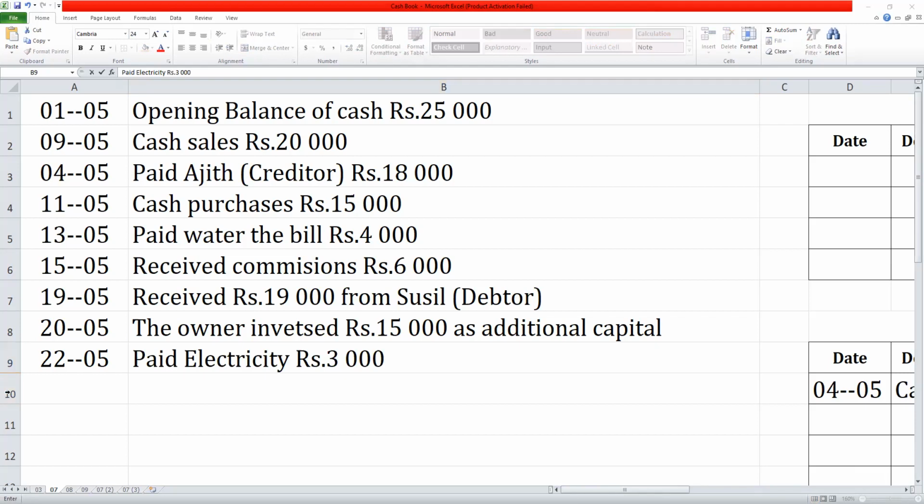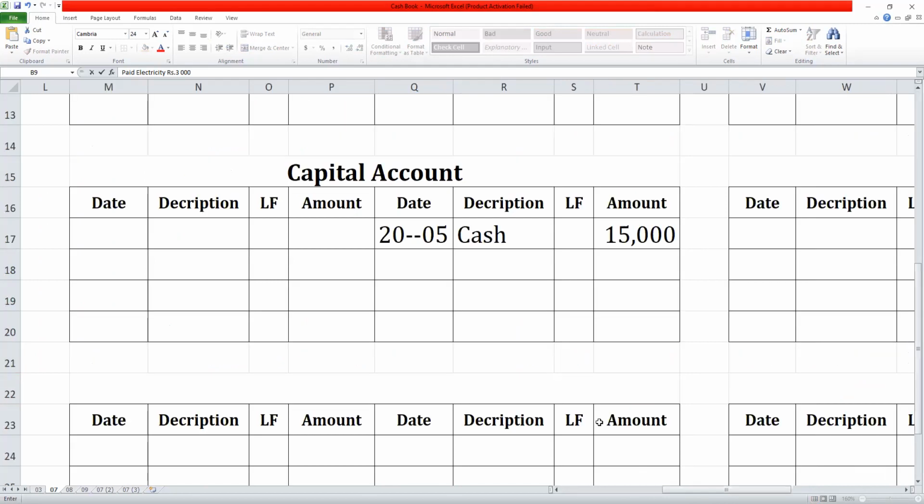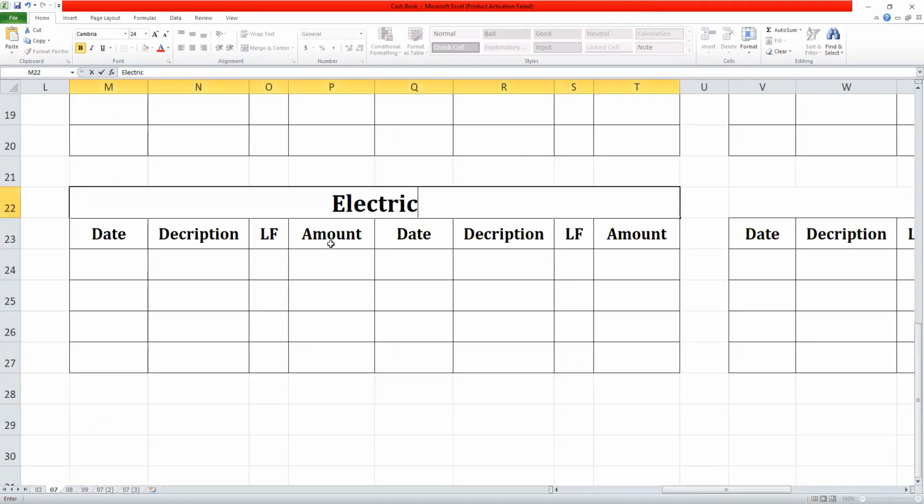Now the double entry. The cash book is credited. Then what do we have to do? Use the next account. Open that account, and the name of that account is electricity account. Remember, this is an expense of the business.